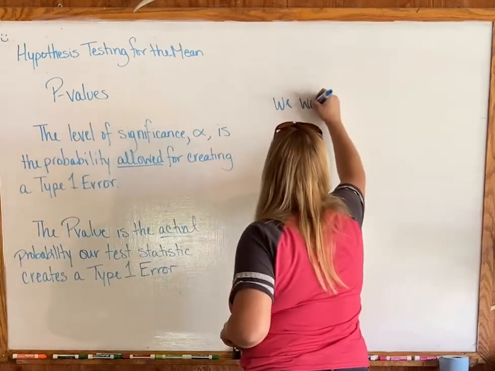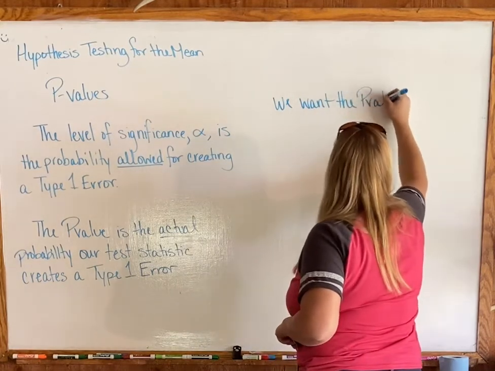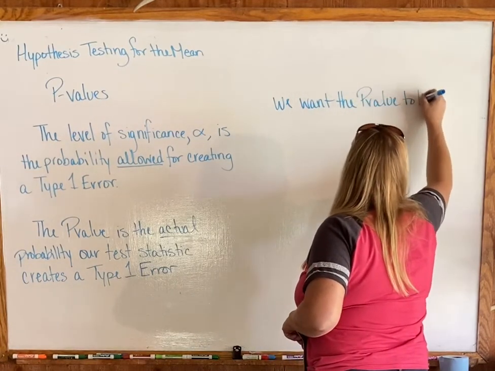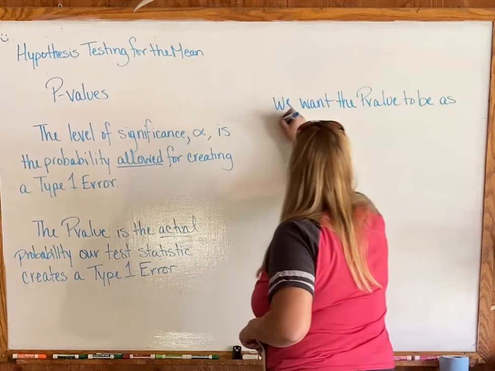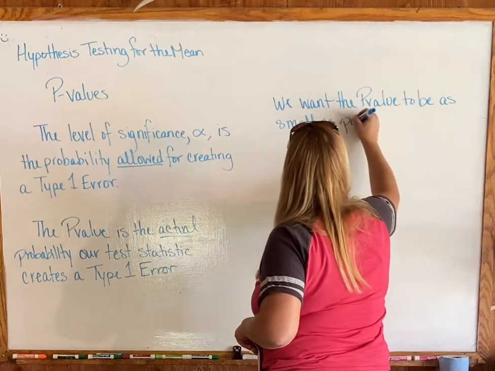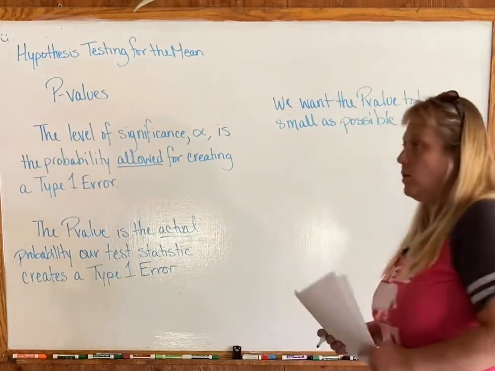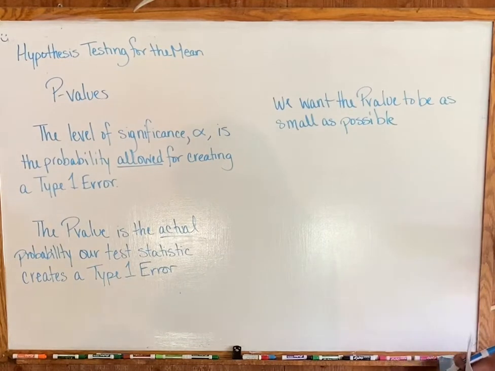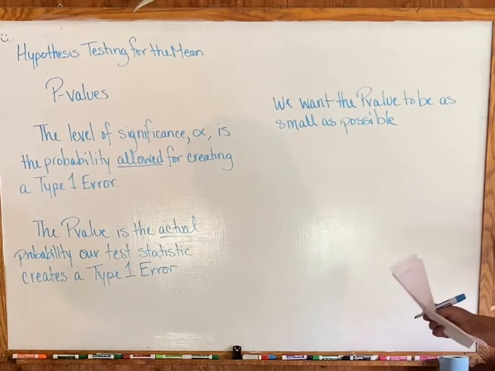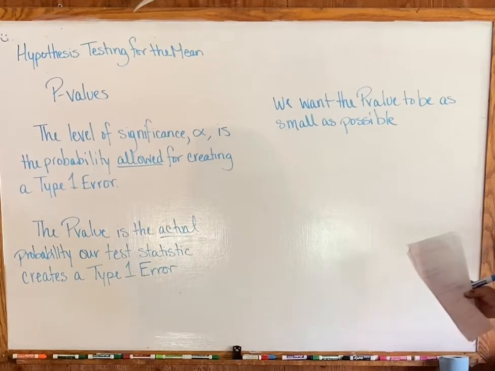We want the p-value to be as small as possible. The lower that p-value is, the lower probability we have of creating a type 1 error, and the better we did in the problem. So that value needs to stay low so that we can say we did a good job.